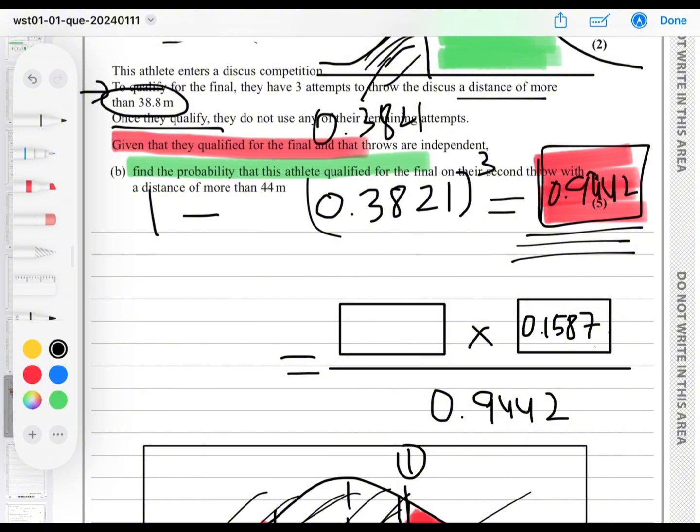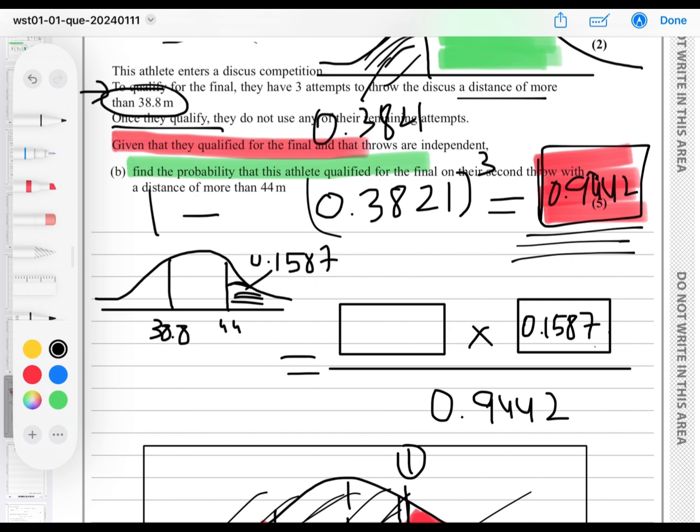Now you can see that if I make a diagram here, the bell-shaped curve, let's suppose this is 38.8 and this is 44. So the area here is 0.1587. And if I take the z-score, the z-score for this was 0.3, and the z-score for this is 1.